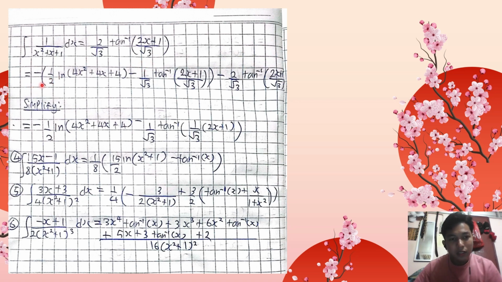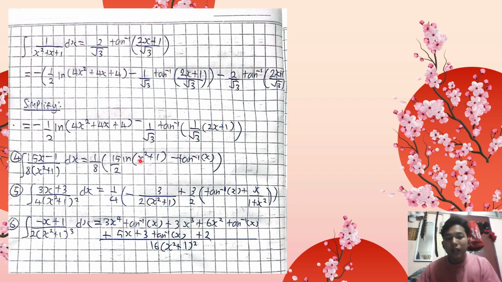And then equal to negative 1 over 2 ln(4x squared plus 4x plus 4) minus 1 over square root 3 arctangent of (2x plus 1) over square root 3 minus 2 over square root 3 arctangent of (2x plus 1) over square root 3. And then simplify it, we can now get negative 1 over 2 ln(4x squared plus 4x plus 4) minus 1 over square root 3 arctangent of 1 over square root 3 times (2x plus 1).